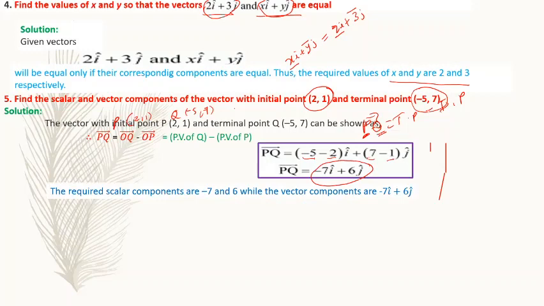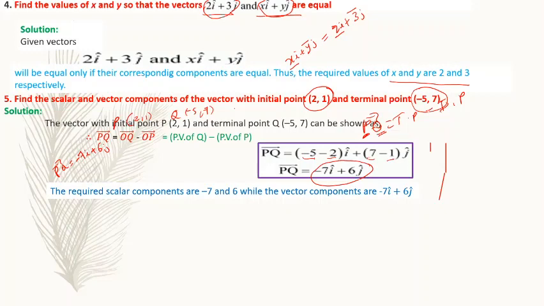Okay, now the question is what they are asking: find the scalar components. So I got vector PQ is equal to -7i plus 6j, correct? Since I got -7i plus 6j, already we have discussed the components of the vectors. Here they are asking two kinds of components.